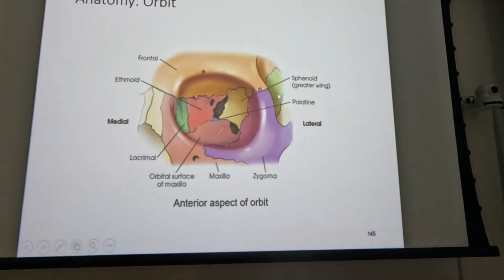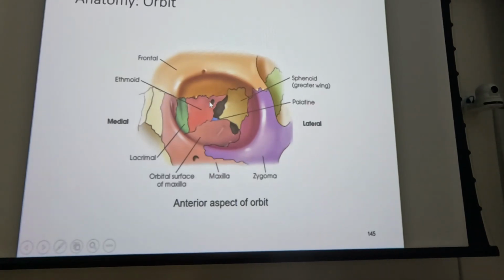So that's what it looks like. We've got the frontal bone, the ethmoid bone, the lacrimal bone, the inferior border of the maxilla, zygoma, and then the greater wing of the sphenoid bone. We've got orbital fissures, and that right there is the optic canal.